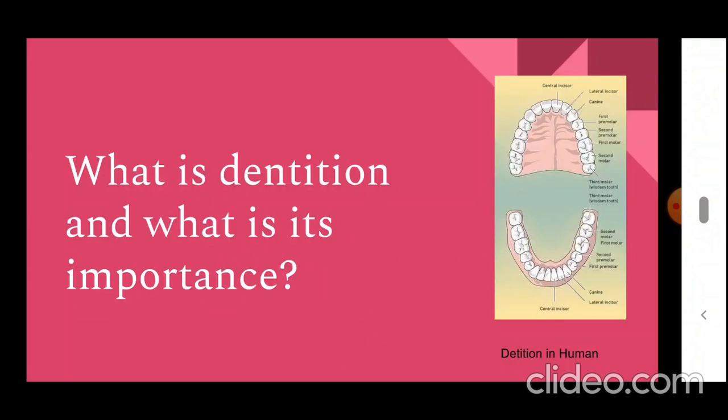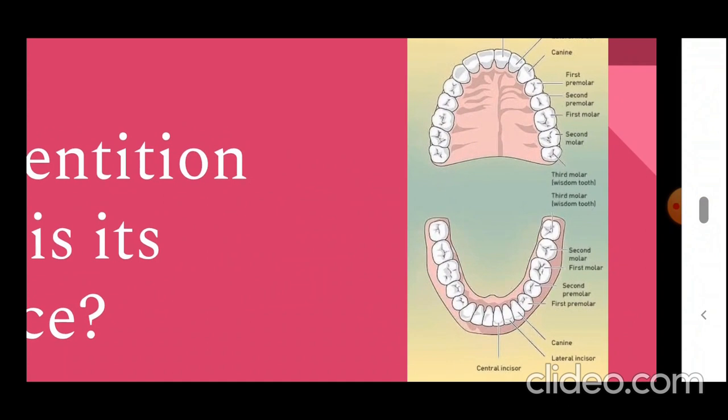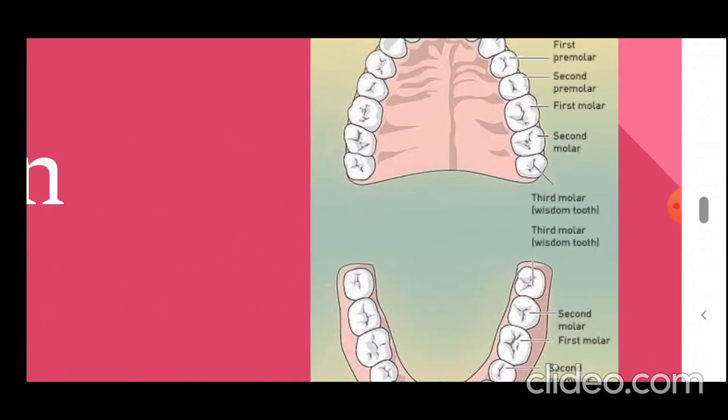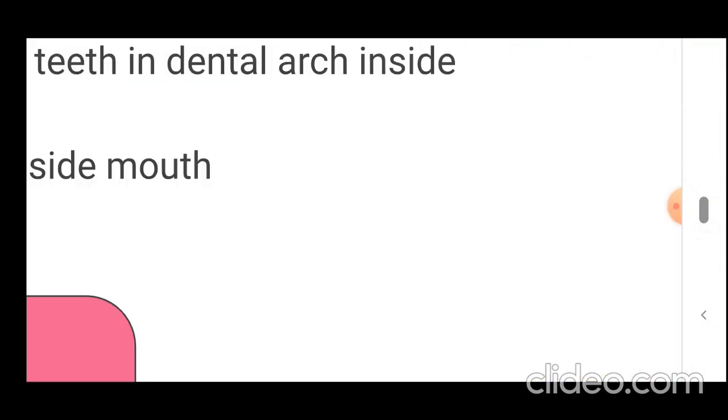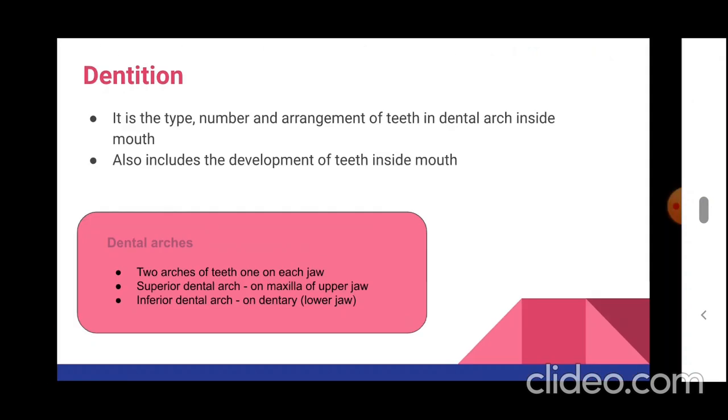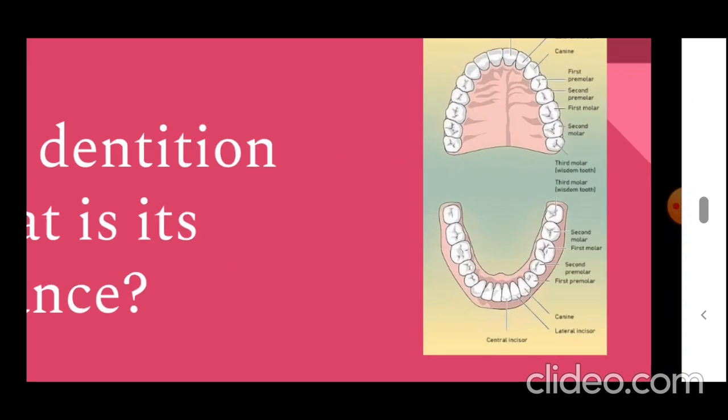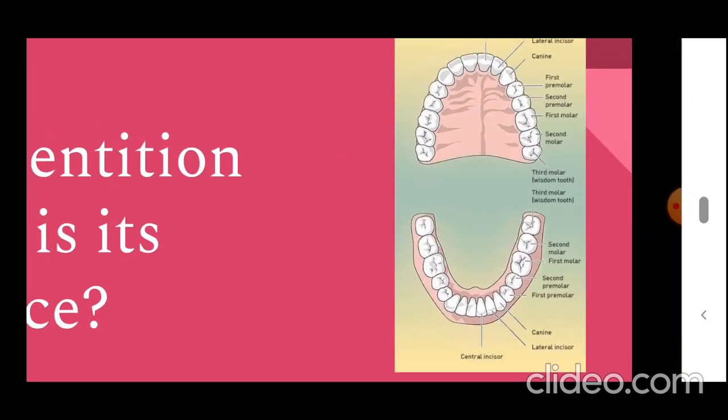Now, what is dentition and what is its importance? This image shows the dentition in humans. You can see different types of teeth inside the mouth: the incisors, canines, premolars, molars.